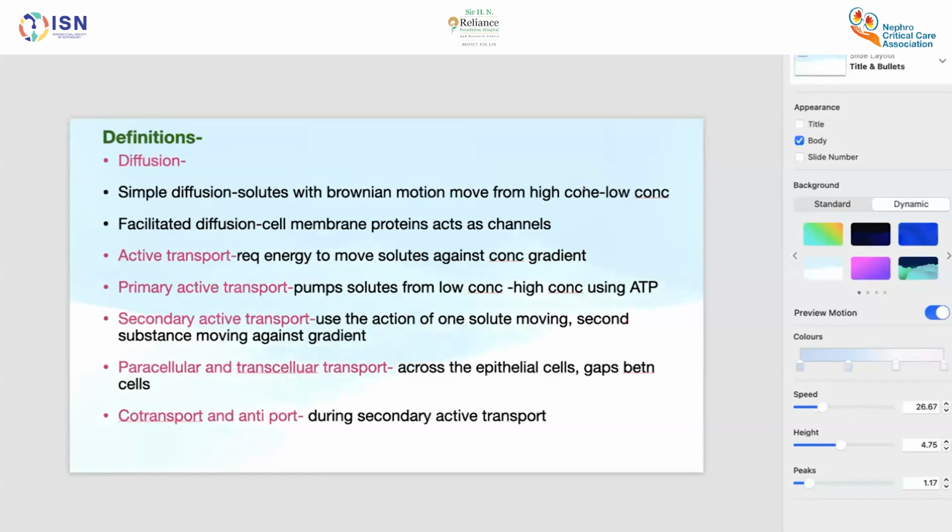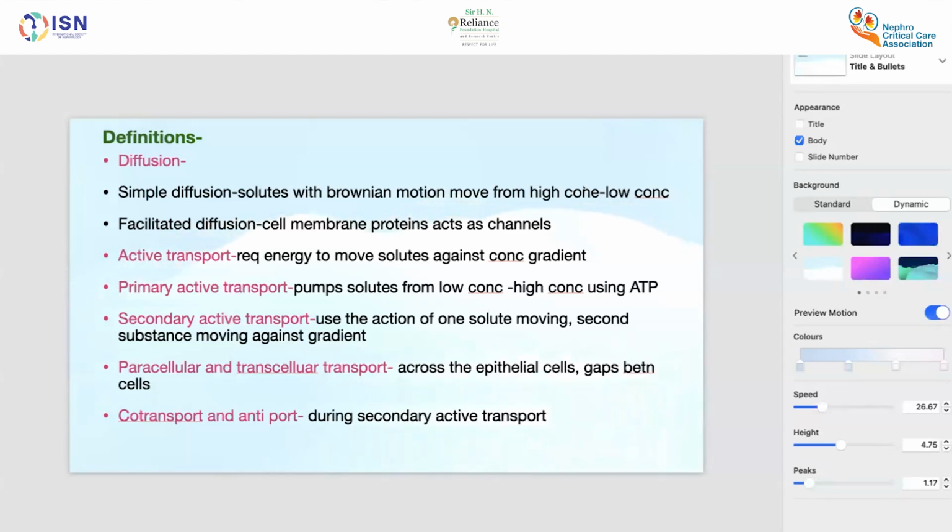We need to understand some basic definitions before going ahead with the physiology of the other parts of the nephron. Diffusion includes simple diffusion and facilitated diffusion. In simple diffusion, solutes with Brownian motion move from high concentration to low concentration. In facilitated diffusion, cell membrane proteins act as a channel. Active transport requires energy to move solutes against the concentration gradient.